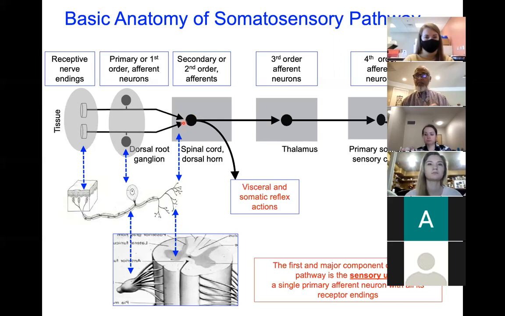The synapse is the junction between the two neurons, where one neuron ends and one neuron begins, and in the synapse, the very small gap between the two neurons, that is called the synaptic cleft.